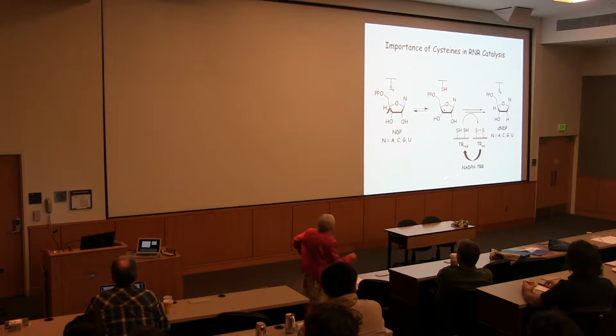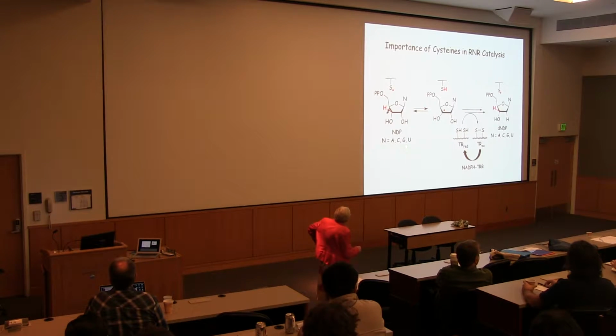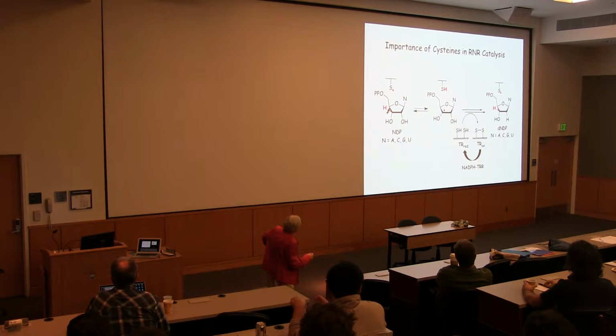And so turnover in all organisms requires a reducing system. Here, thioredoxin reductase. Some organisms have 5 different reducing systems, and you have to figure out which is the correct one, and the rates of the reactions are dramatically different. So you see another cysteine up here, which is a sulfur radical, which we're going to spend a little time talking about. Before studies on RNR, there were no examples of characterized sulfur radicals in biology, and the model is that the sulfur radical, where does it come from, can remove a hydrogen atom, 1', 2', 3' position, to form a nucleotide radical.